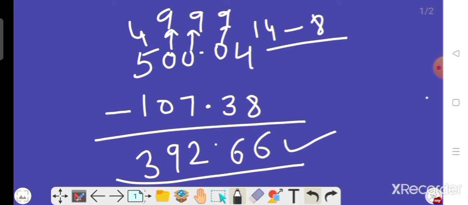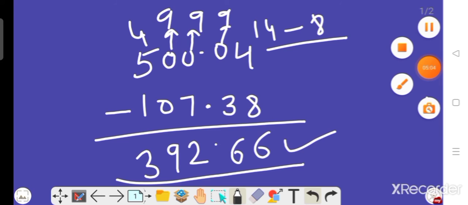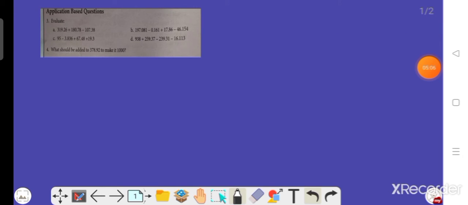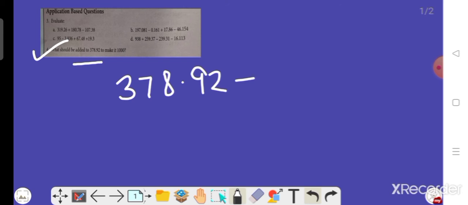Now we will do the next question, and the next question is question number 4. Fourth question: what should be added to the given number to make it 1000? The given number is 378.92. We have to add something to this in such a way that the result will become 1000.